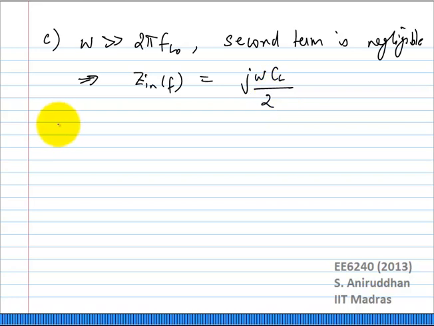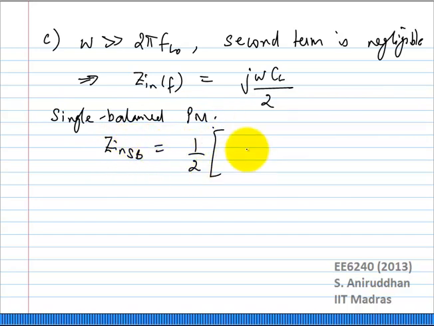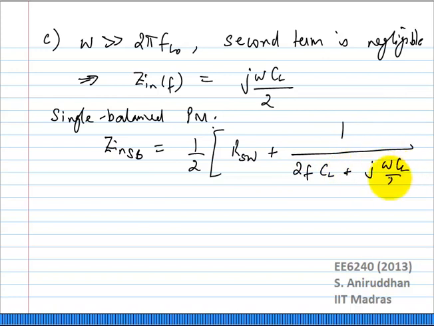So for a single balance passive mixer, it's half of switch resistance plus 1 by 2f C_L plus, this is for a direct conversion receiver, right, when f is approximately equal to f_LO.